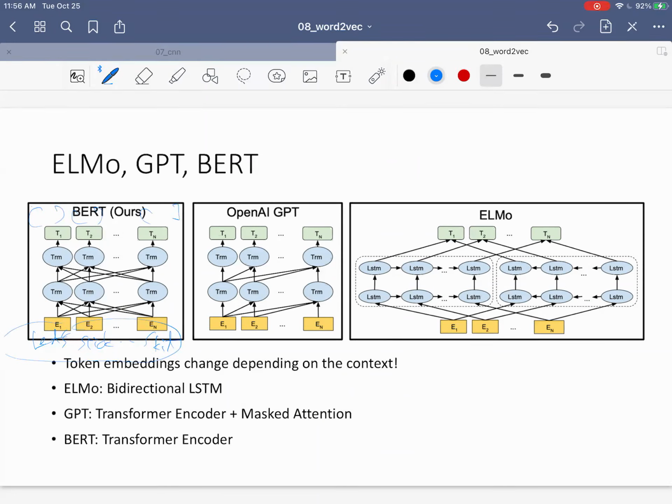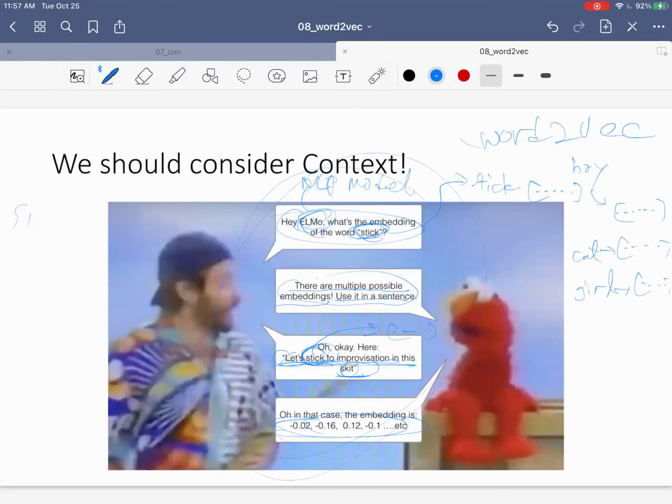Same for Elmo. BERT uses a transformer, Elmo uses LSTM. That's the only difference. And Elmo is the first contextualized word embedding model that claimed to verify the importance of this kind of contextualized word embedding philosophy.